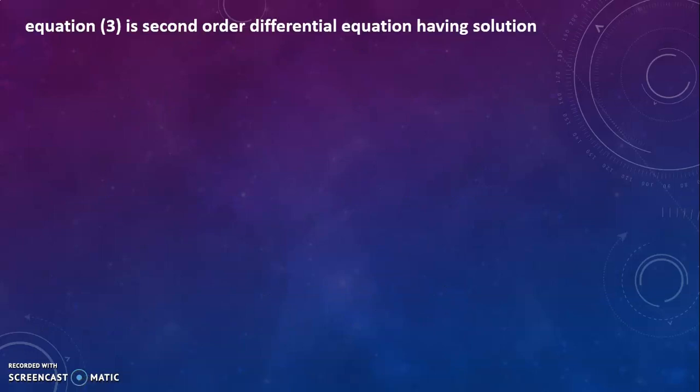Now this equation number 3 is a second order differential equation having solution psi of x, y, z and t, which is equal to psi naught of x, y, z into e raised to minus i omega t. So this psi is a function of these four parameters x, y, z and t, whereas psi naught is a function of variables x, y and z.